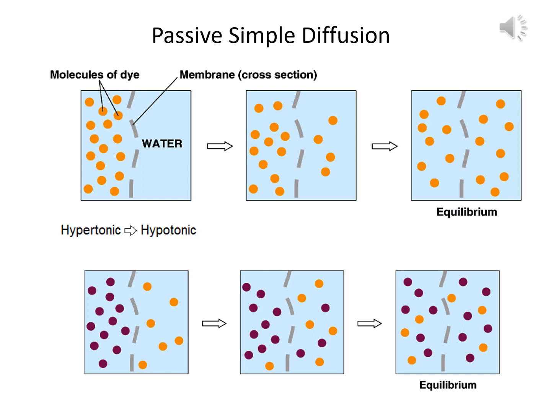Let's look at an example of simple diffusion. In the top series of diagram, starting on the left-hand side, you'll see that the molecules of dye are in high concentration on one side and low or no concentration on the other. The side that is high in concentration in these dye molecules is said to be hypertonic, and the side without the dye molecules is hypotonic.